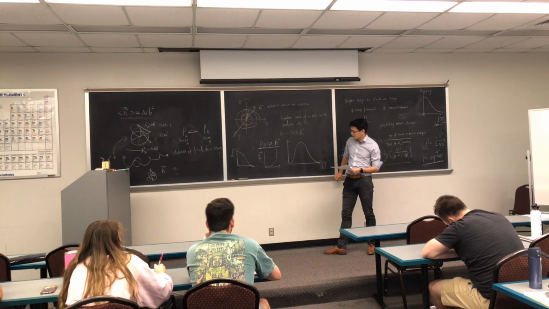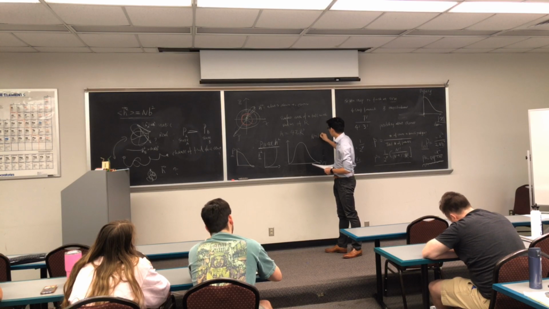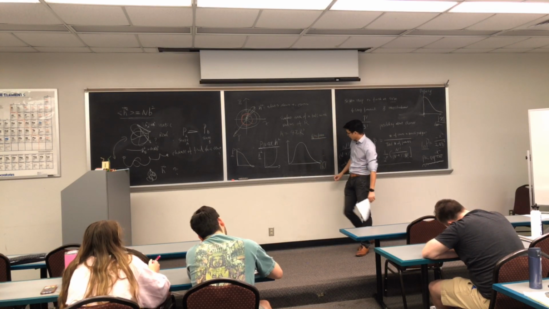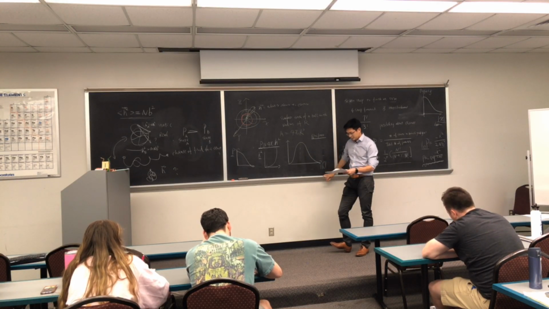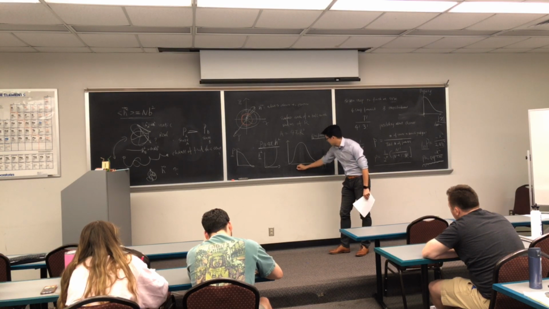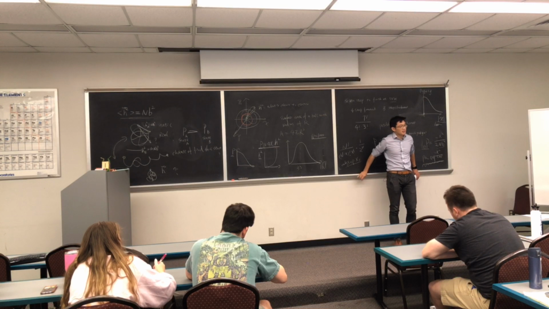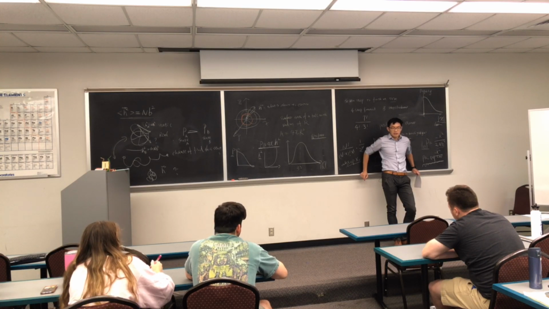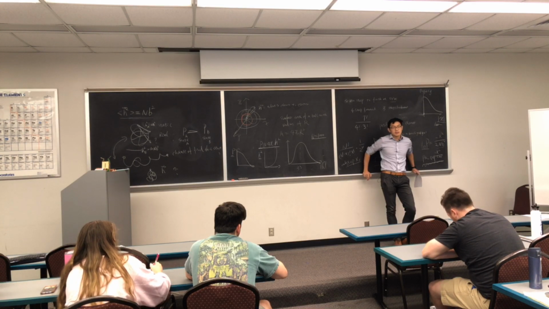Okay? Now let me give you some real numbers. If we now take n equal to 1,000 steps, you would have the highest probability of finding your polymer chain at a distance of about 33 from the center.